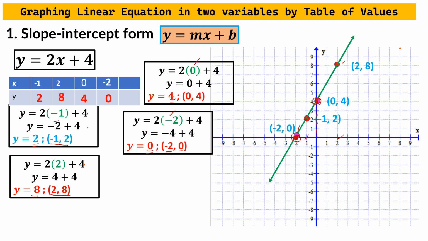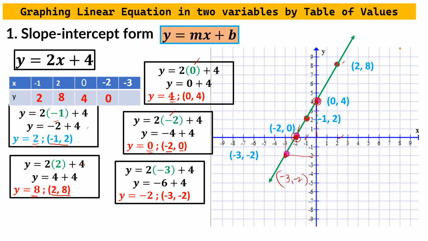Okay, let us have another value or the last value of x. We have a negative 3. So, I want to ask you if the point negative 3, negative 2 is still on the line or part of the line. Let us try to use the equation y equals 2x plus 4.